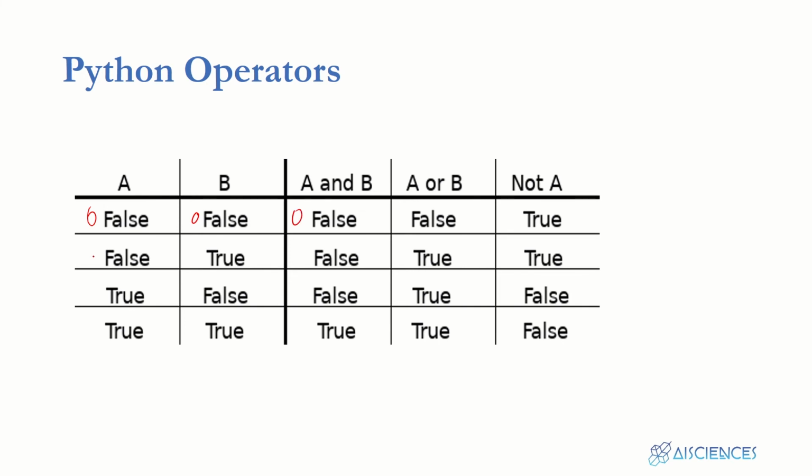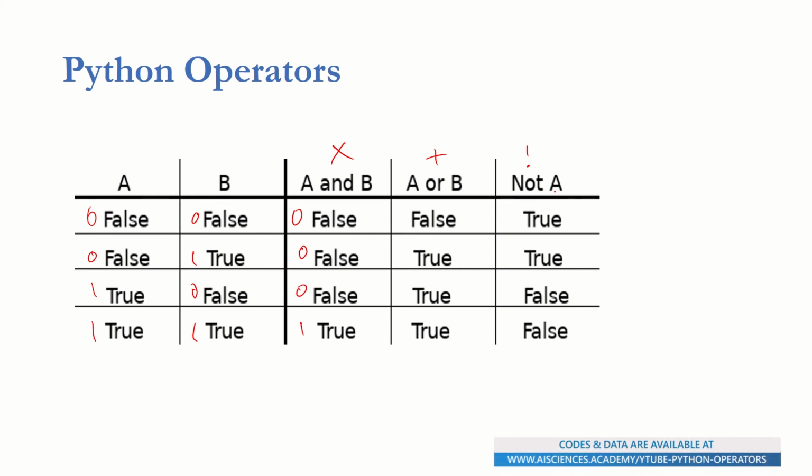If I multiply 0 with 1, it results in 0. If I multiply 1 with 0, again 0. If I multiply 1 with 1, then it results in 1. And NOT is the opposite thing. If A is true, then it will be false. If A is false, then it will be true.